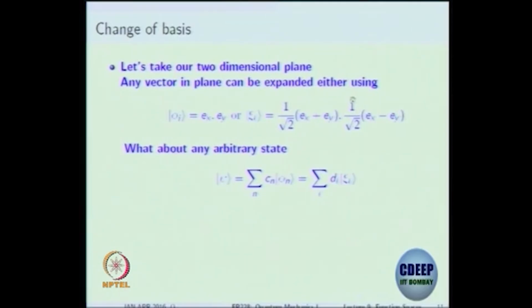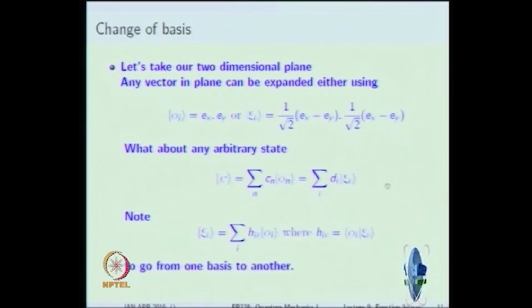You're all with me? And then you note that the xi L basis also can be written as a linear combination of the phi I bases. To keep track of the indices on the left hand side and right hand side, I put two indices here following this convention, HI. How will you relate Cn to dl? You can substitute the xi l as HIL times phi I here, right?